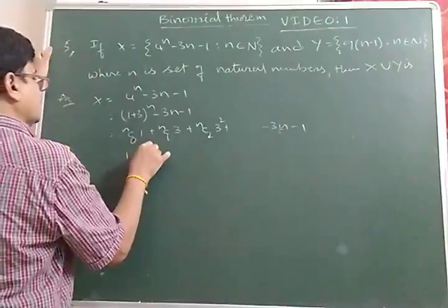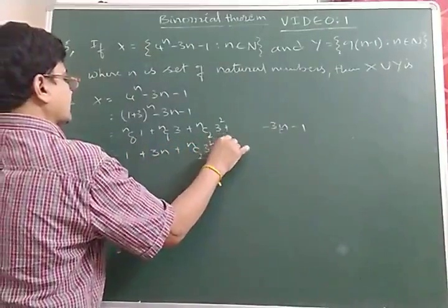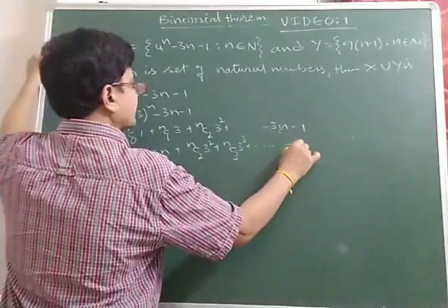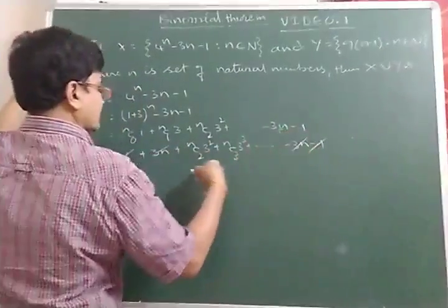This is 1 plus 3n plus nC2 into 3 square plus nC3 into 3 cube plus so on, minus 3n minus 1. Minus 1 plus 1 cancel, 3n is also cancelled.